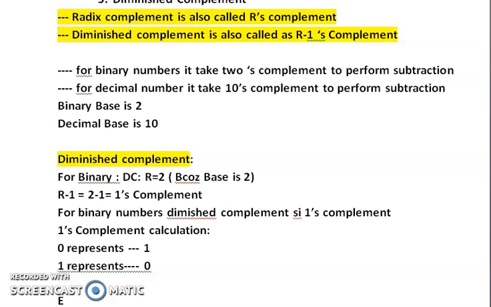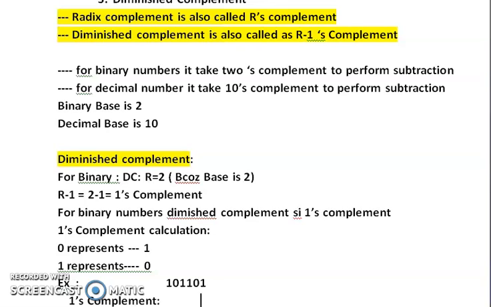For example, we take another example. You can take any binary number, for example 101101. What is the one's complement value? In the one's complement, 1 means 0 and 0 means 1.